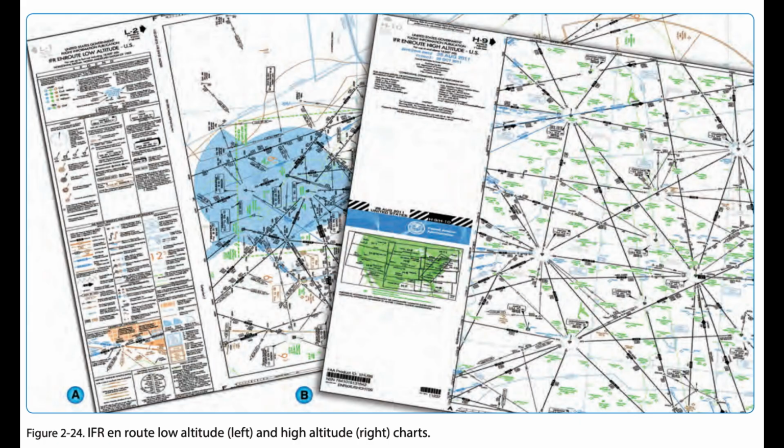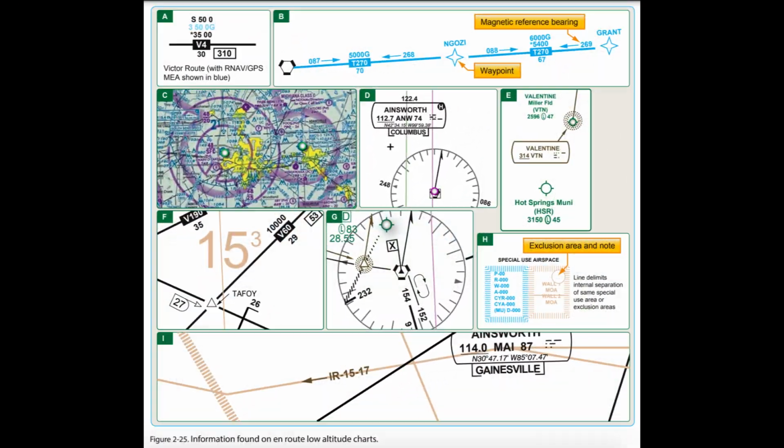IFR en route low altitude chart. En route low altitude charts provide aeronautical information for navigation under IFR conditions below 18,000 feet MSL. Low altitude charts, figure 2.25, include the following information: 1. Airways, figure 2.25a. 2.